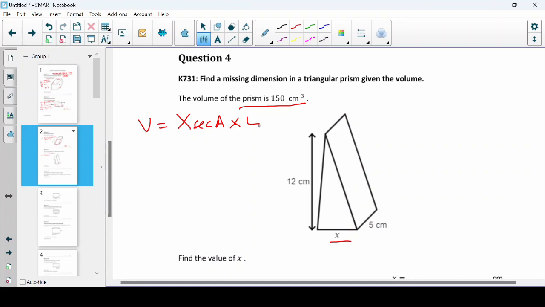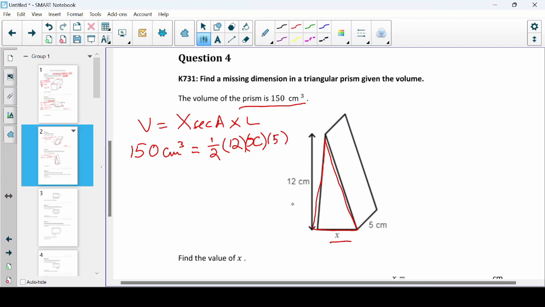The volume has been given to us, this whole 150 centimeter cube is equal to the cross section, which is 1 over 2 times 12x, and then times 5. So this is a triangle.